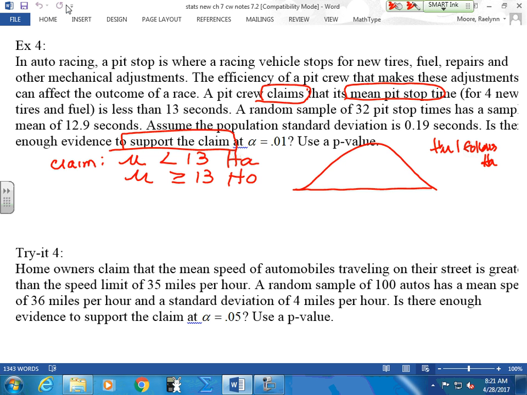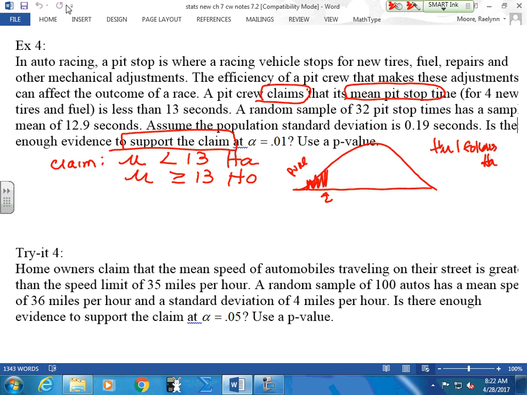I would write this whole thing down so that you understand this one. So am I a right tail or a left tail? Left, because that points to which direction? My HA points to the left. I'm a left tail. I need that Z-score so I could find that p-value.